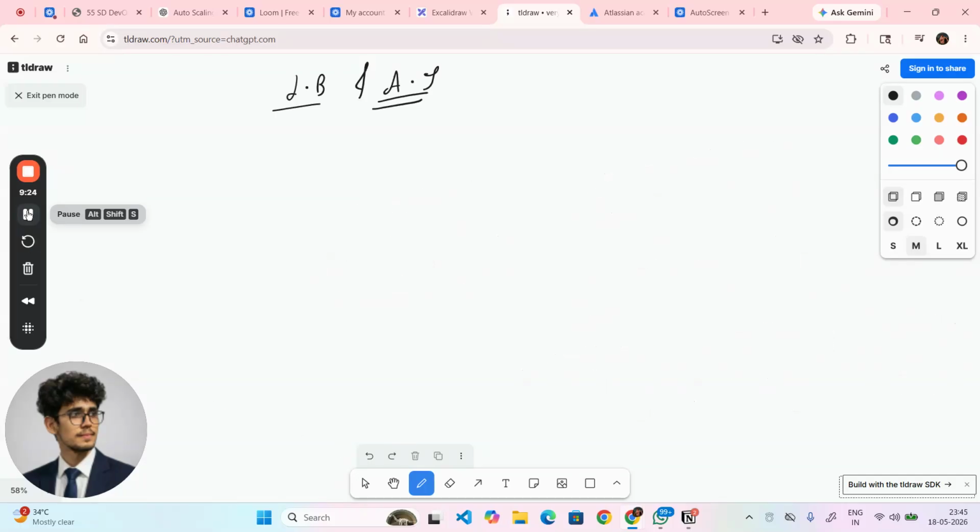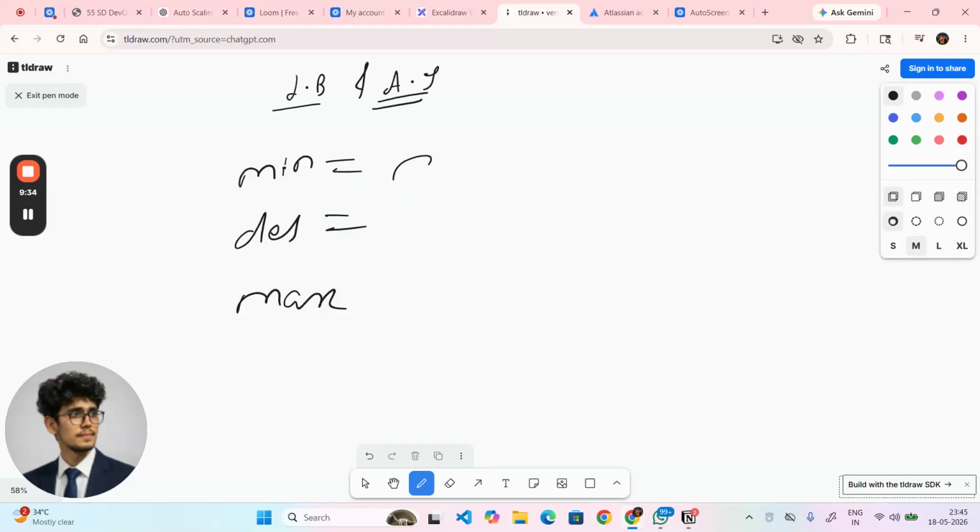Got it? So here we discuss the three terms: min, desired, and max. When we use these terms, the values are 2, 4, 10.